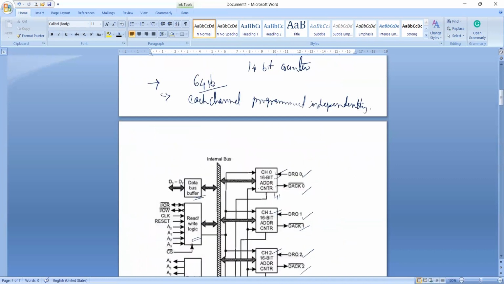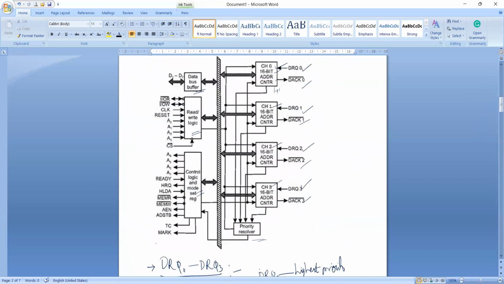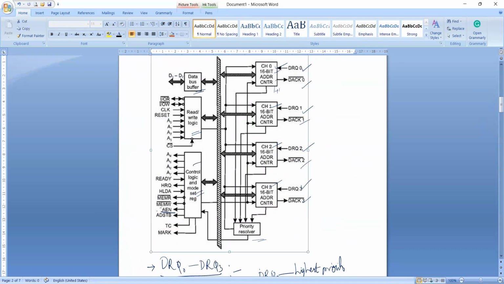Let me show this. This AEN signal is used to disable the address bus and data bus. Otherwise, it enables the address bus and data bus of 8257.